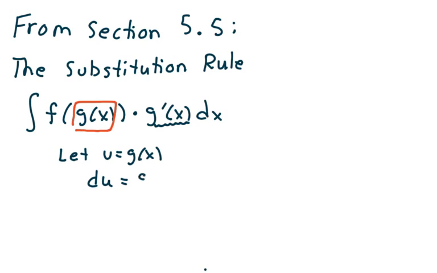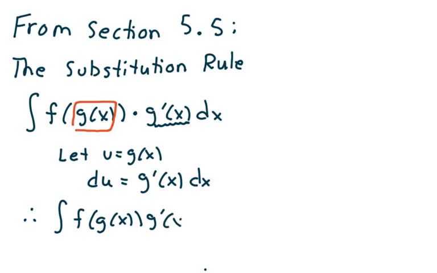So du is g prime of x dx. Therefore, in the integral of f of g of x times g prime of x dx, I'm going to replace g of x with u.